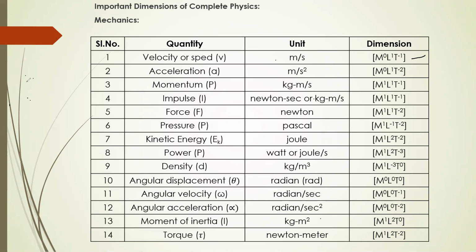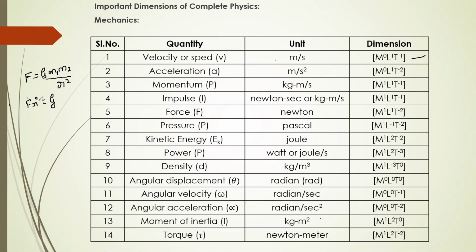Here one equation I'll take, that is F is equal to G m1 into m2 divided by r square. See here, force is having some dimensional formula, mass also is having, this m1 m2, then r is also having some dimensional formula. I want the dimensional formula for G. Can we calculate the unit and dimensional formula for this G?